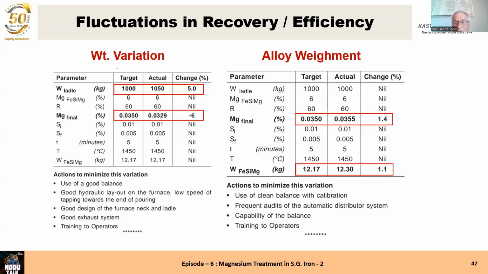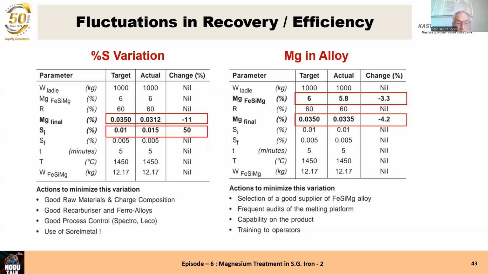If you add too much ferrosilicon magnesium, you get more residual magnesium, and this is a change in percentage. Please check this very carefully later when you have the text of this, because everything you do there has an influence.